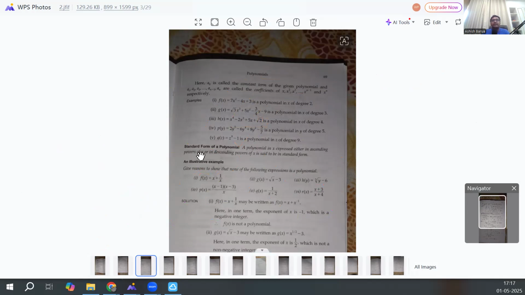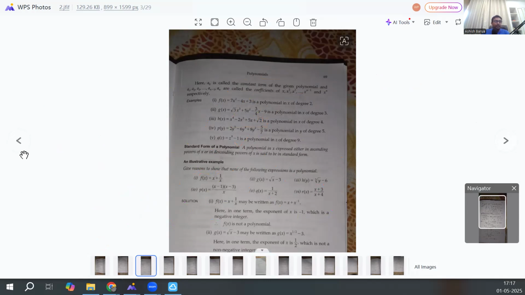Next is the standard form of a polynomial. A polynomial in x expressed either in ascending powers of x or in descending powers of x is said to be in standard form.